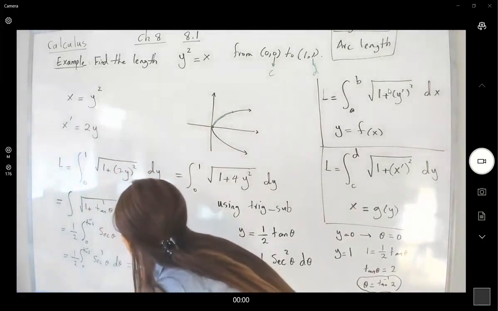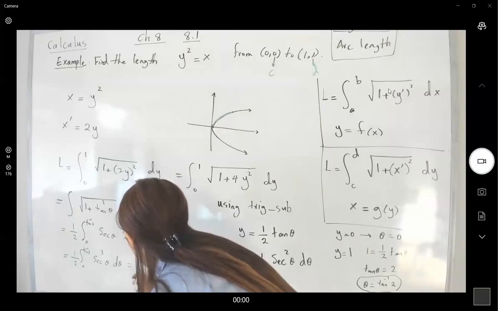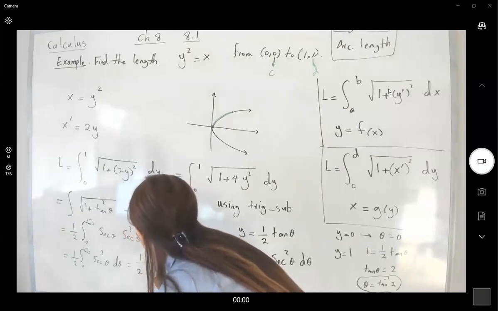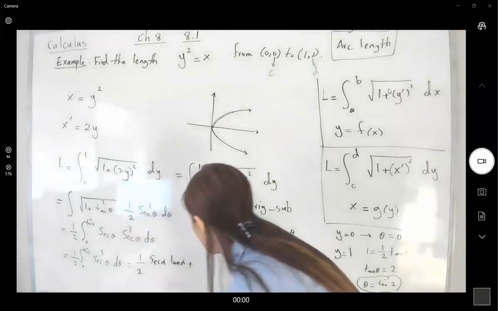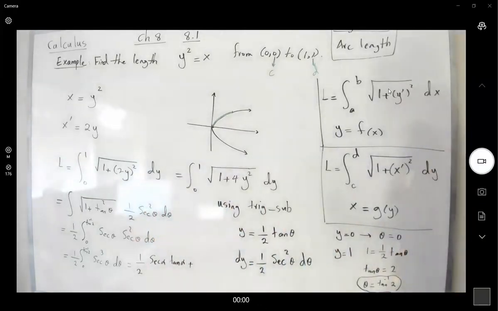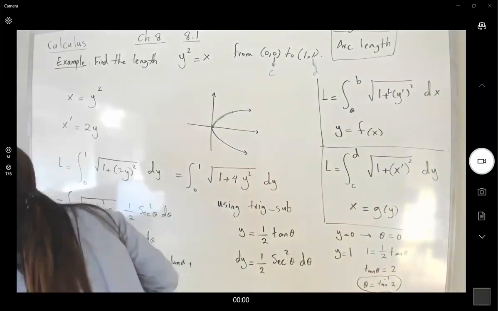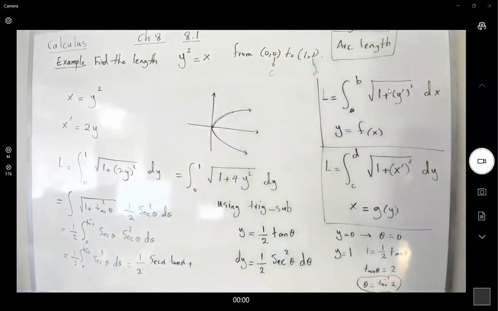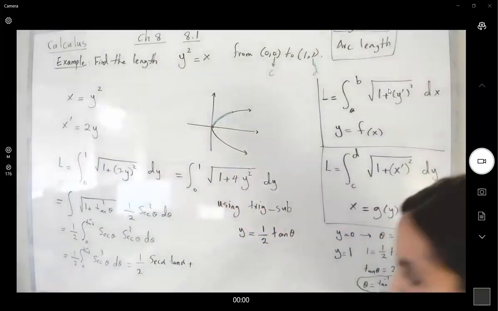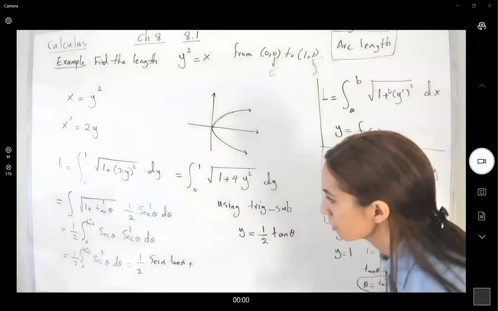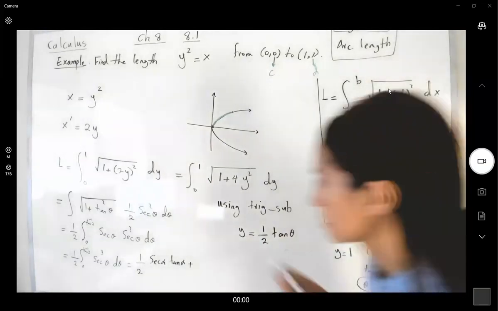So here you have a half secant alpha tangent alpha, with a little bit more space. We need another a half, right? Yes.